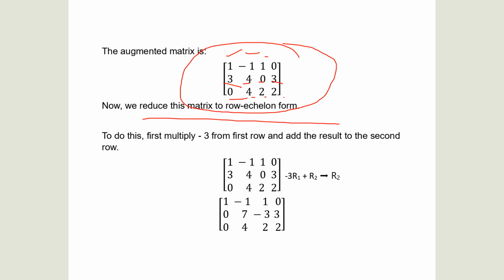To do this, first multiply negative 3 from the first row and add the result to the second row. So this is our elementary row operation to get the new row 2.